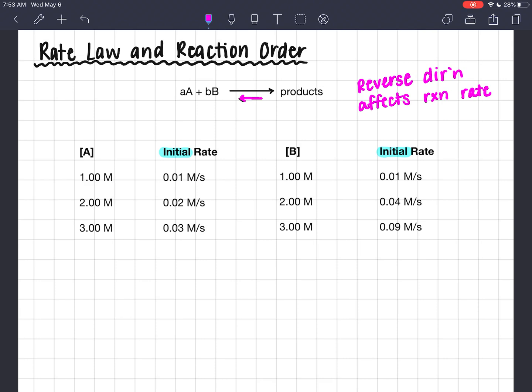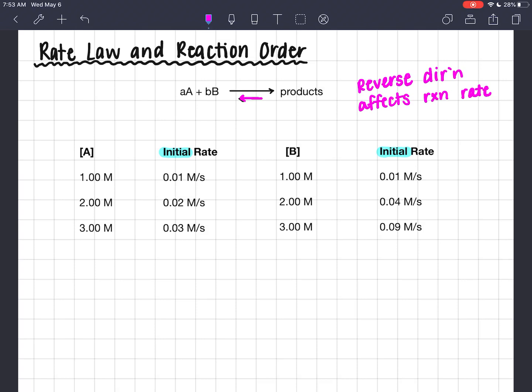As soon as products start to form, those products are going to begin to react in the reverse direction. And then the resulting rate that we see is not a rate of just A and B combining to make the products, and it's not just the rate of the products breaking apart back into A and B, it's the rate due to the combination of those two processes.